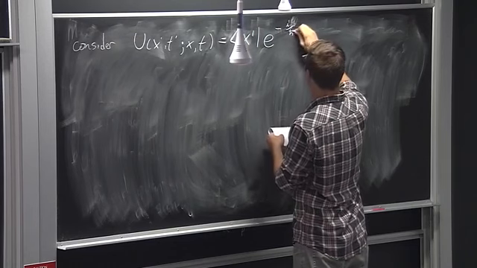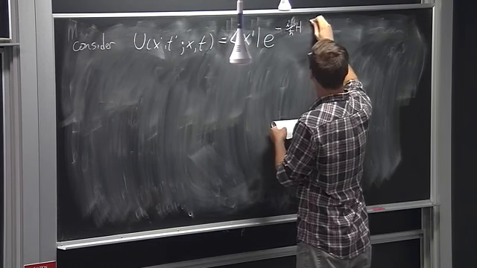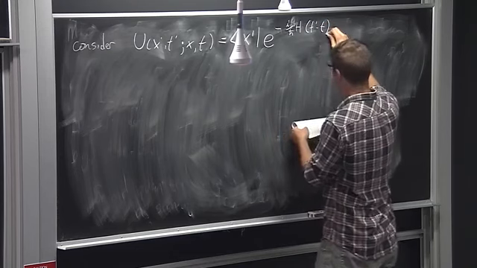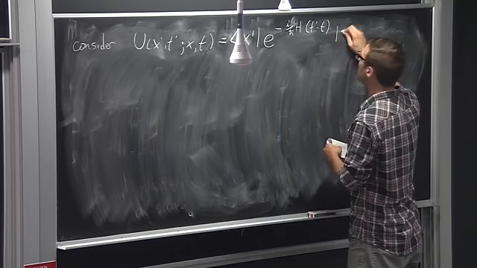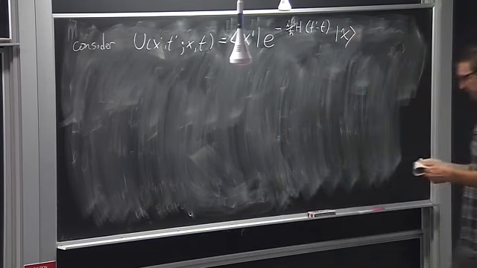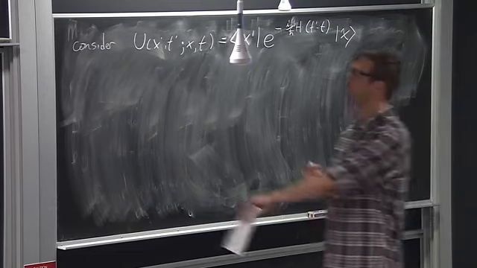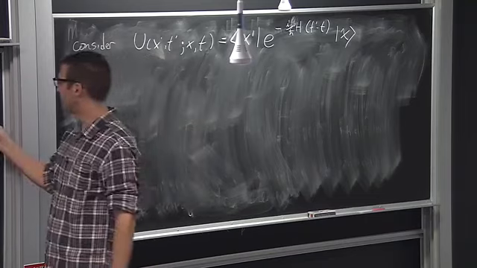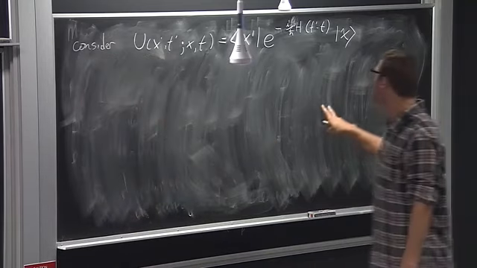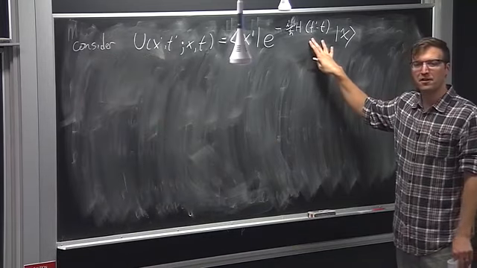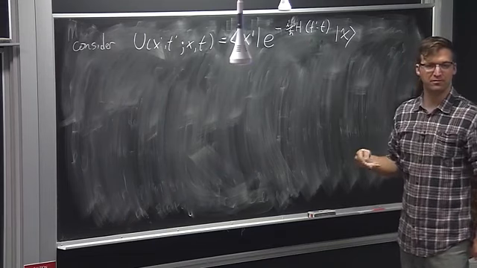That time interval that we wish to perform the time evolution over, t prime minus t, over h bar, is the thing that we're going to decompose into small intervals.